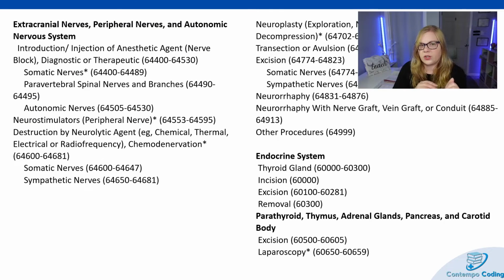Next in this particular chapter of CPT, we have the extracranial nerves, peripheral nerves, and autonomic nervous systems. So we have the introduction or injection of anesthetic agents, diagnostic or therapeutic, somatic nerves, paravertebral spinal nerves and branches, autonomic nerves, neurostimulators in the peripheral nerves, destruction by neurolytic agent or chemodenervation, somatic nerves, and sympathetic nerves.